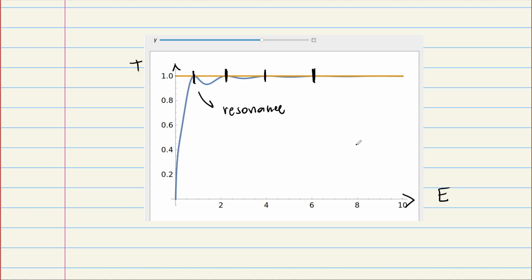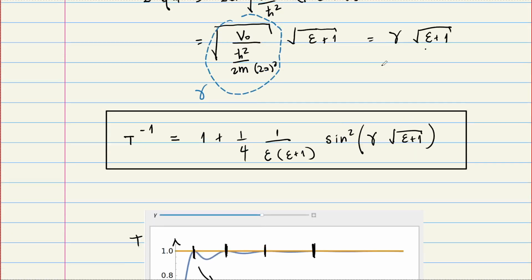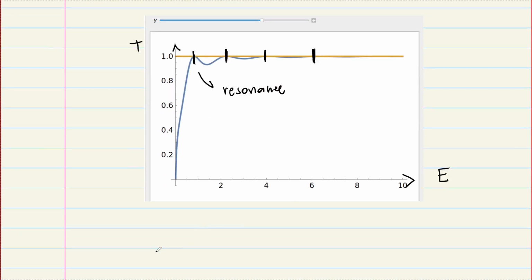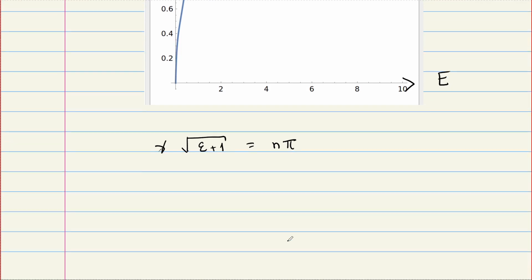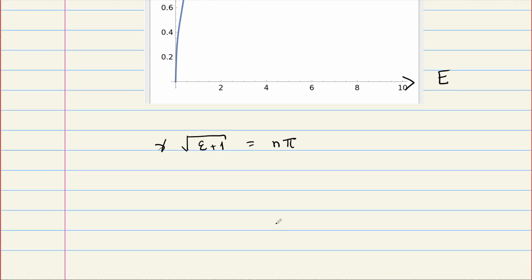And we can calculate when we have perfect resonance, because this is inverse T, and whenever I have this factor 0, I have perfect transmission. And this factor is 0 whenever this sine is 0. And when is sine 0? Sine is 0 when this gamma times root epsilon plus 1 is something like n times pi. Right? Whenever I have this condition, even if my energy is not infinitely high, I transmit because I resonate with the valve.